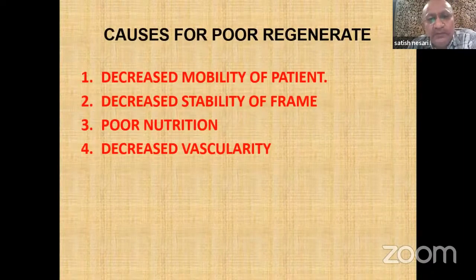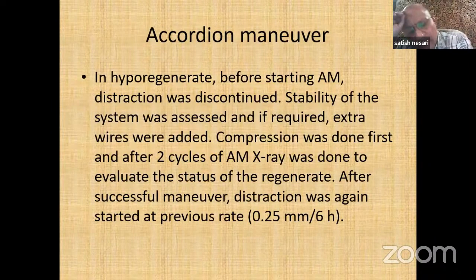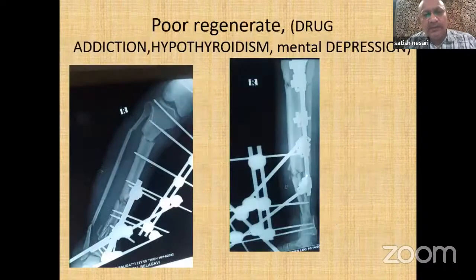Decreased mobility of the patient, decreased stability of the frame, poor nutrition, and decreased vascularity. These are the main causes. Sometimes if we come across a poor regenerate, you can always try an accordion maneuver, 2 cycles, starting with the compression and distraction, in order to get a good regenerate.